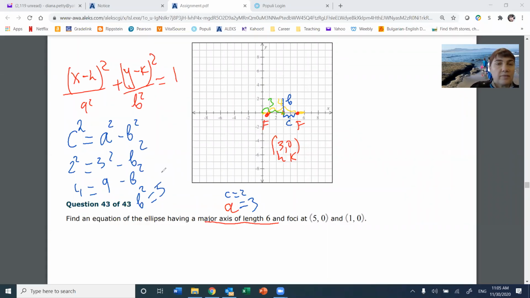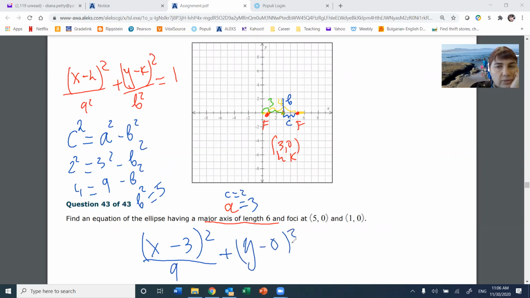Okay, so we have everything we need. To write the equation, we have x minus 3, squared, over a squared, which is 9, 3 squared, plus y minus 0. I'll just write the 0, even though it's not there, because this is the center, over 5, because b squared is 5.